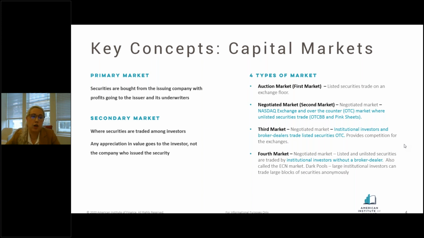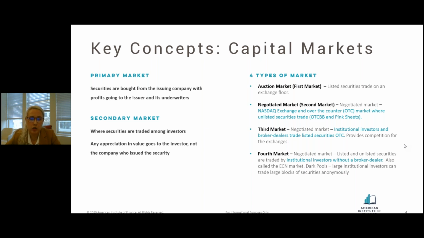So again, the securities are listed on and traded on an exchange floor. Then we have the negotiated market, called the second market. A good example is NASDAQ and over-the-counter exchanges, so OTC, where the unlisted securities trade in 2 major segments, OTCBB and pink sheets.